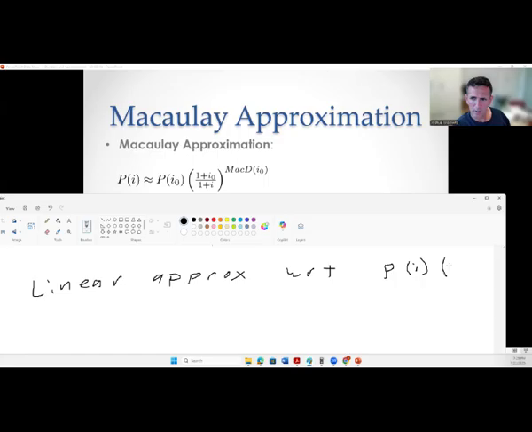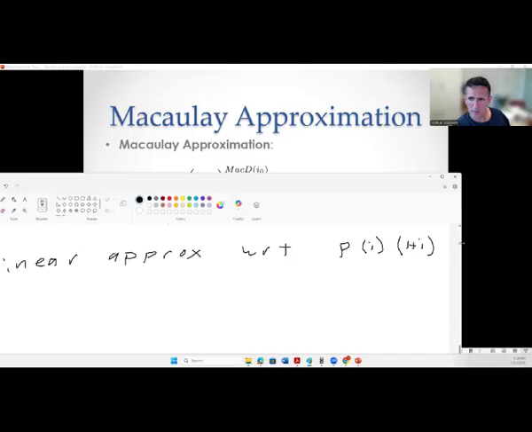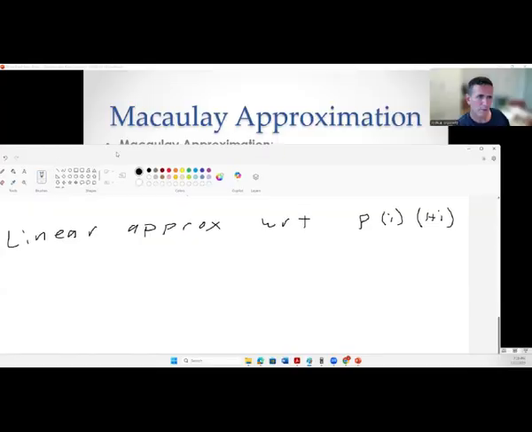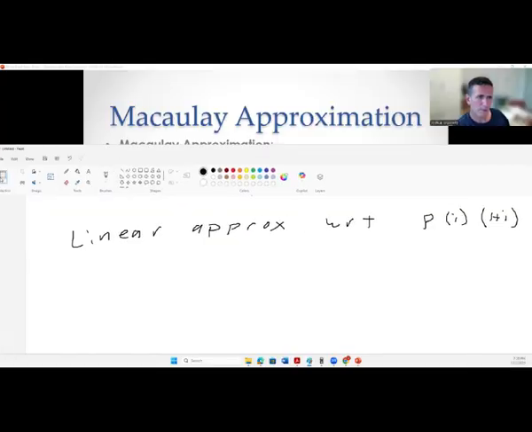Times 1 plus I, to the Macaulay duration.